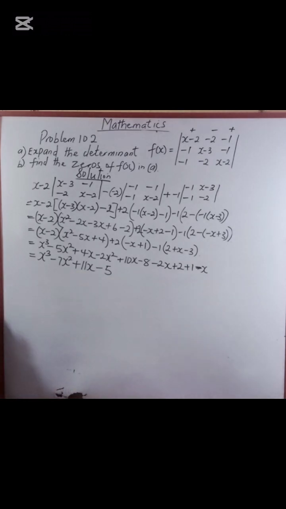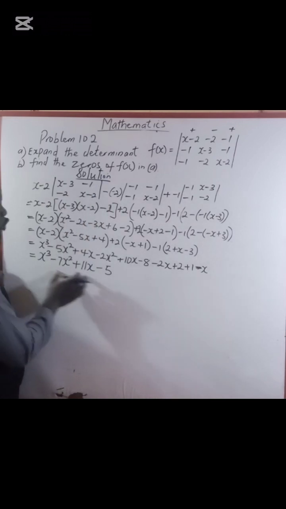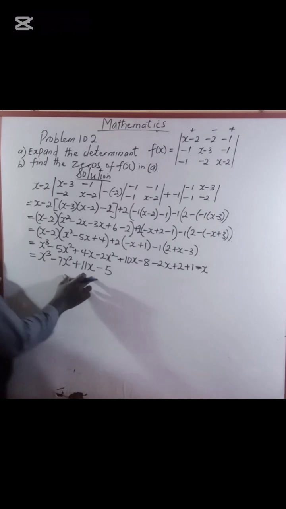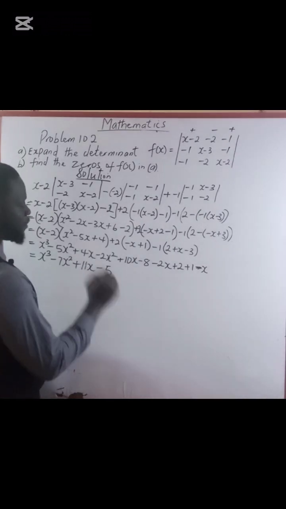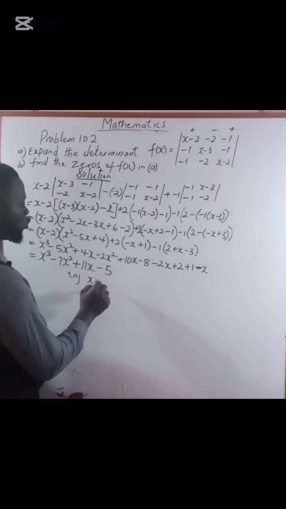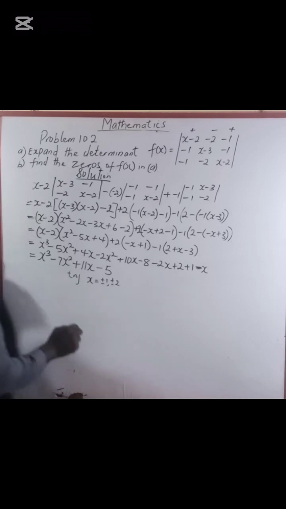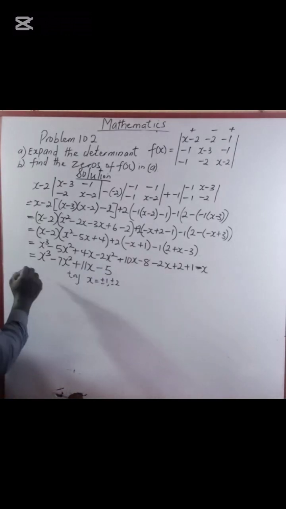So what we'll do now, because they say to find the zeros of f of x, we're going to try to get the factors. To get one of the factors, let's try x equal to plus or minus 1, plus or minus 2 in that order. So let's go with plus 1 first.